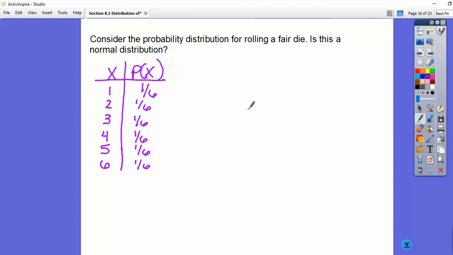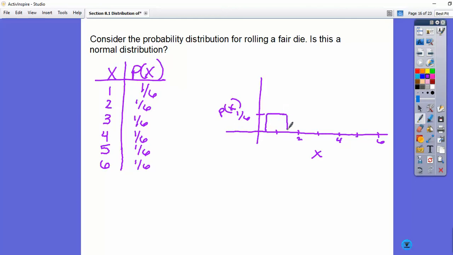Let's graph this to decide if it's normal. If it's normal, what should the graph look like? Bell shape. Okay. So if I graph this, the probability of getting a 1 is 1/6.